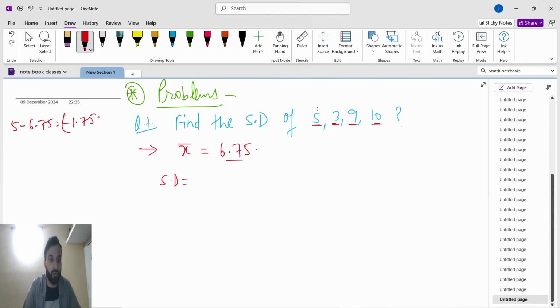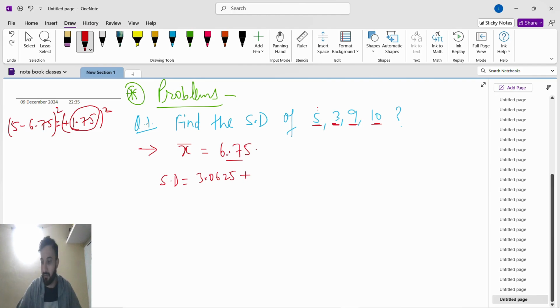So we have to do the square of what we get: minus 1.75 squared. Whenever we square, the negative becomes positive, so we just take the number 1.75 into 1.75. So you get 3.0625. Better take 4 digits so you get the accurate answer.